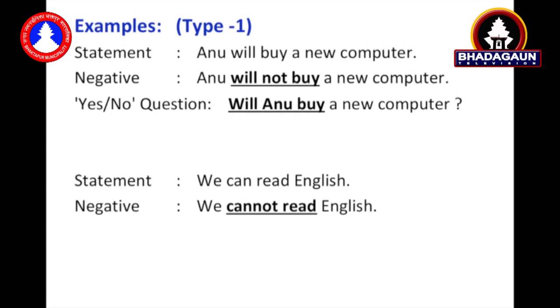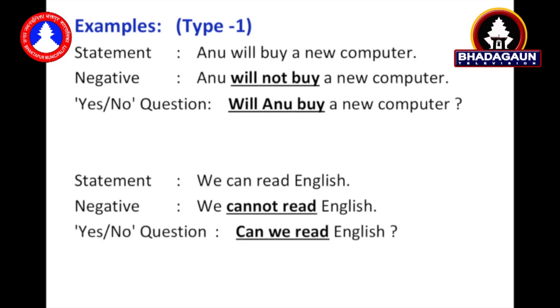And can you guess what the yes/no question is? Its yes/no question is: can we read English? And can is placed before the subject. The auxiliary verb can is placed before the subject we, and it means to make a yes/no question, the auxiliary verb is placed before the subject. I mean, the question begins with the auxiliary verb, and in negative, not is placed next to the auxiliary verb. Okay, let's take another example again.